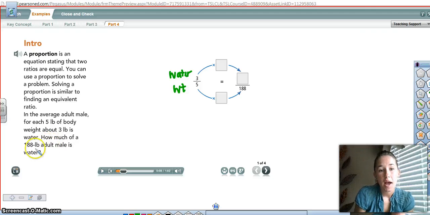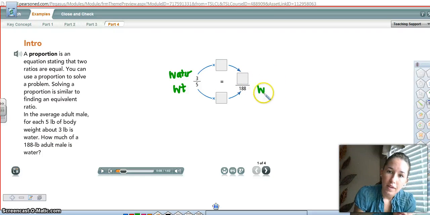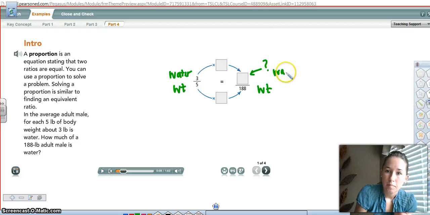And then we're having a new situation with an adult male of 188 pounds total, keeping that weight on bottom, and then we don't know the amount of water.